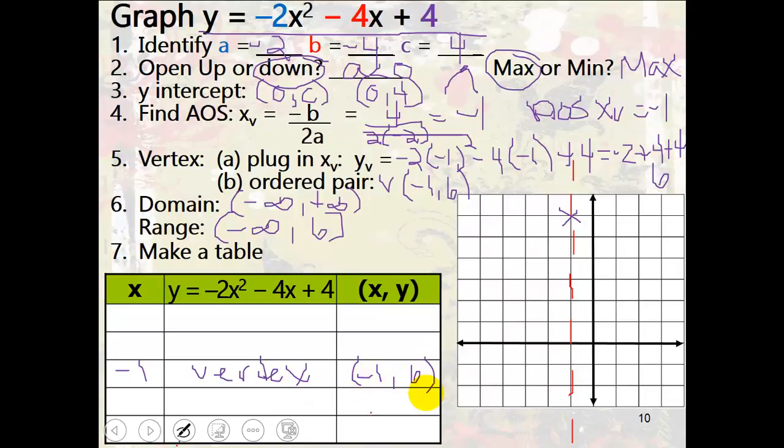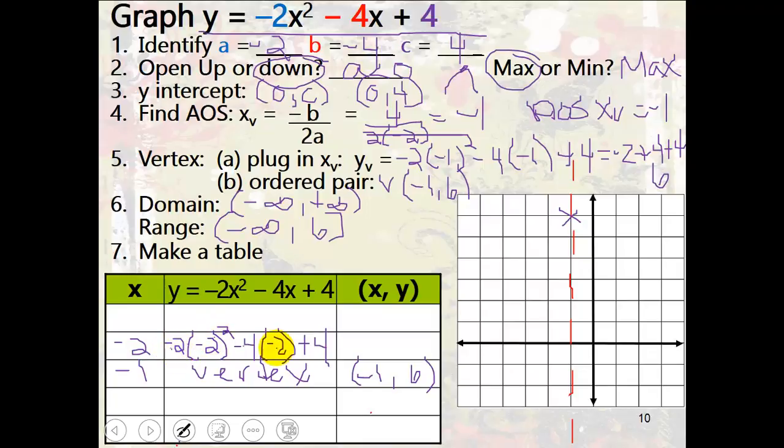All right, and then I'm going to pick negative 2. Let's see what I get. I have negative 2 times negative 2 squared minus 4 times negative 2 plus 4. Negative 2 squared is positive 4 times negative 2 is negative 8.